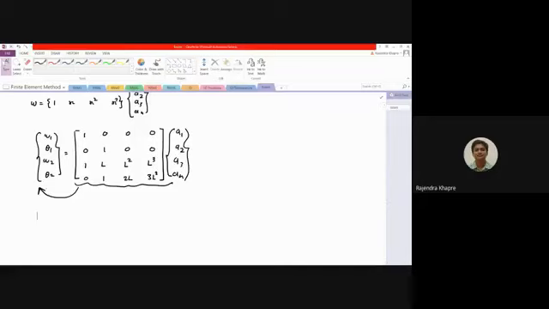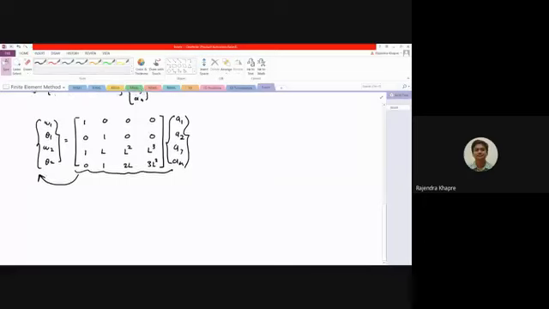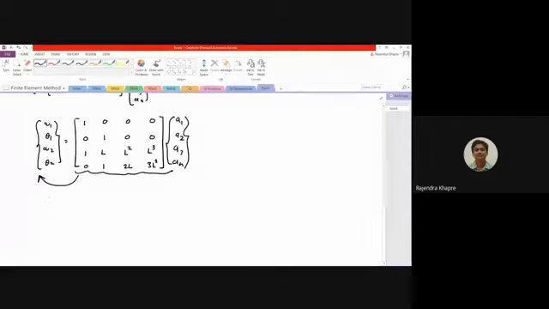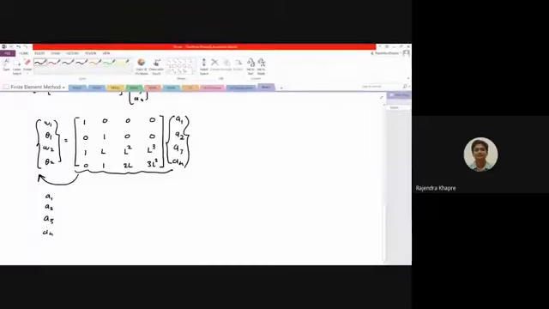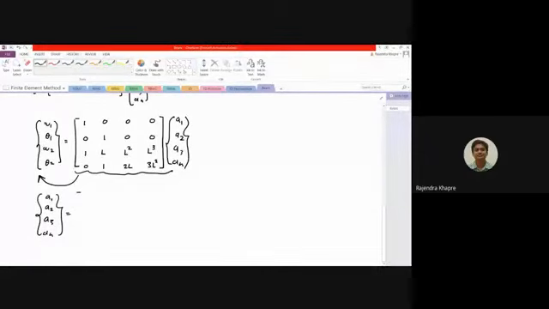So now I can get these unknown constants a1, a2, a3, a4 by taking the inverse of this matrix. I have already calculated the inverse of this matrix, so I'm just writing down a1, a2, a3, and a4. This expression can now be written in simple form, that is the inverse of this matrix.